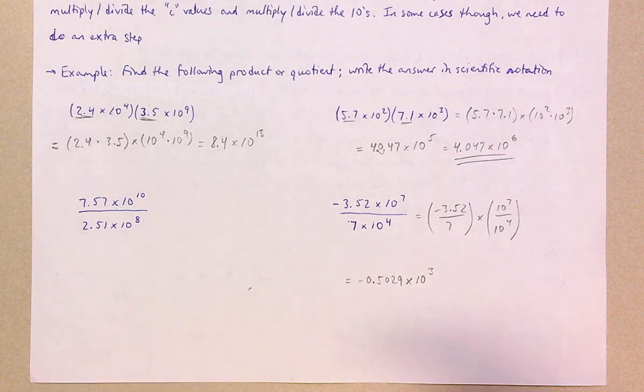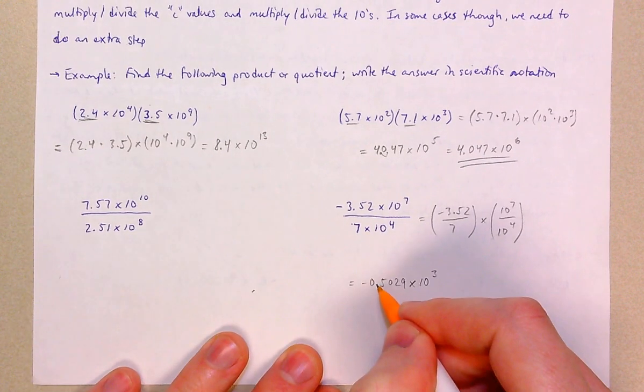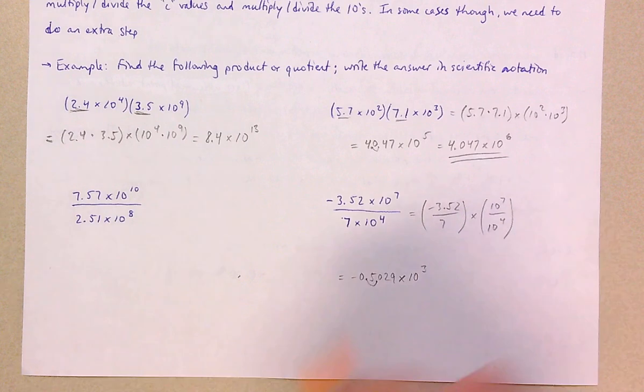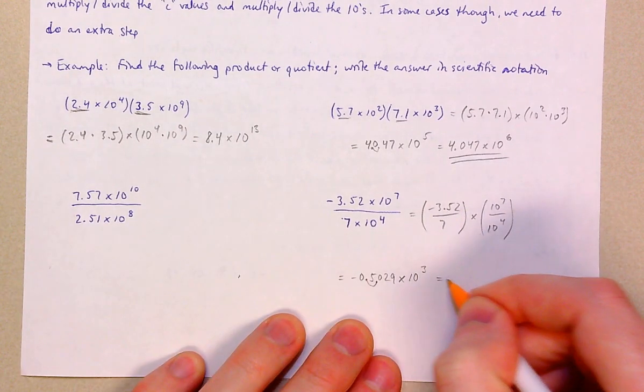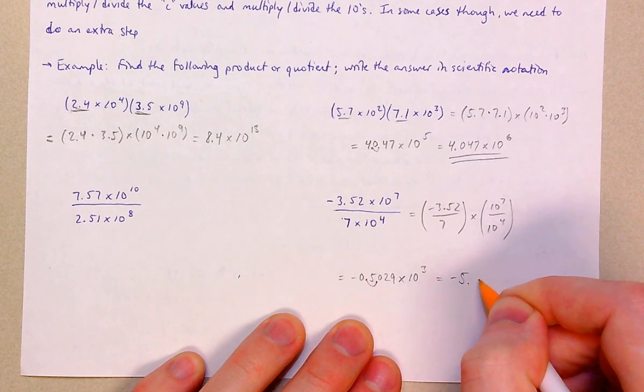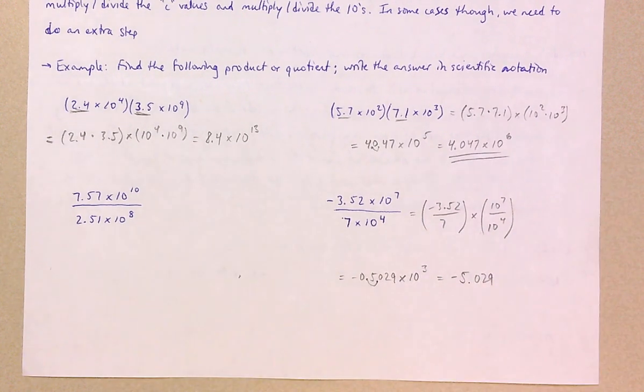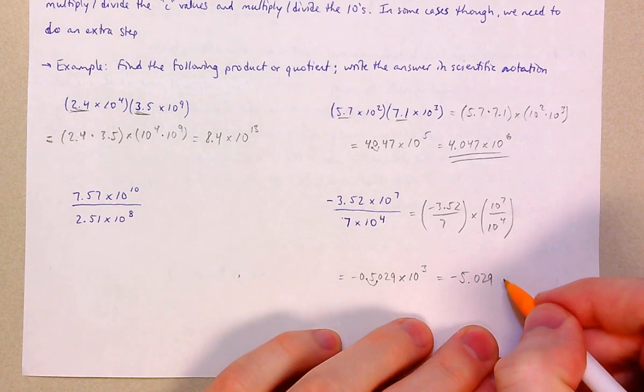So to do that, I can take this decimal point and move it 1 place to the right. And when I do that, that would give me negative 5.029. So that's good. That's what we want. But now I have to change the exponent on my 10 to help balance that out.